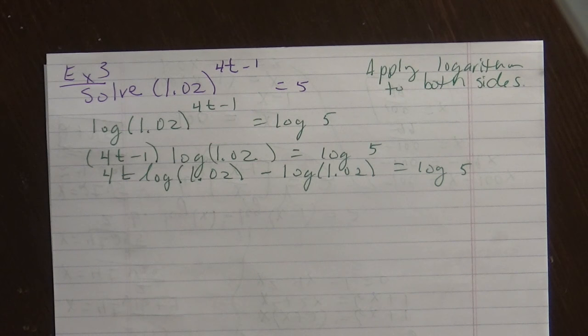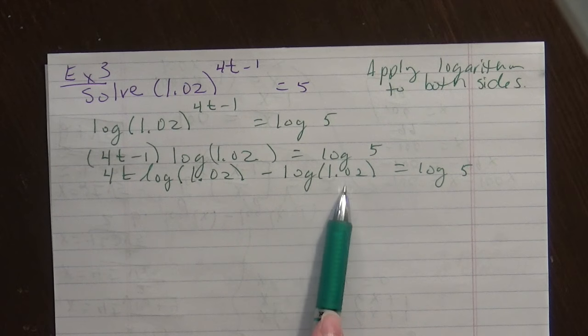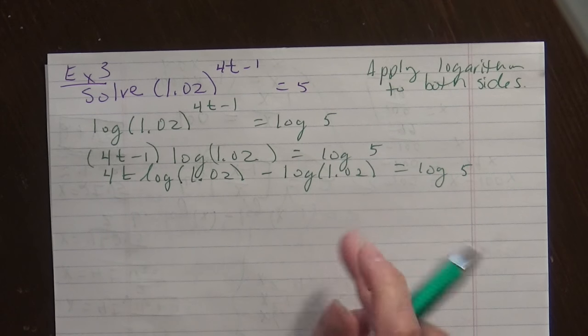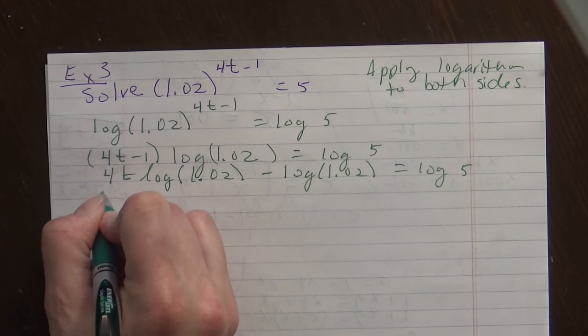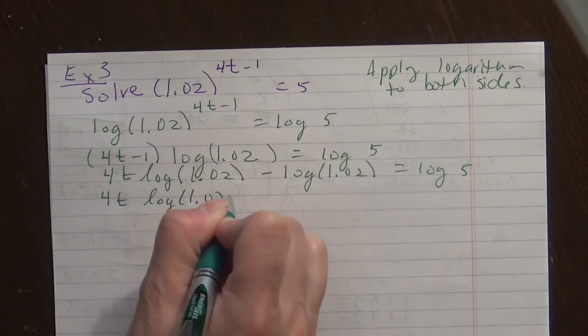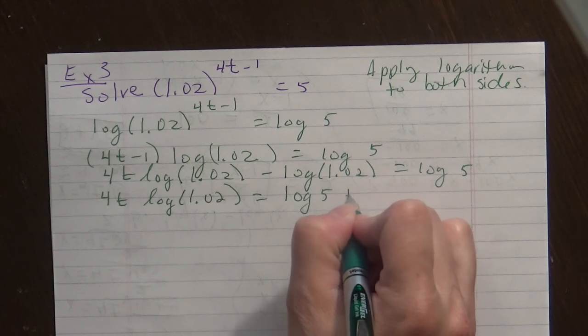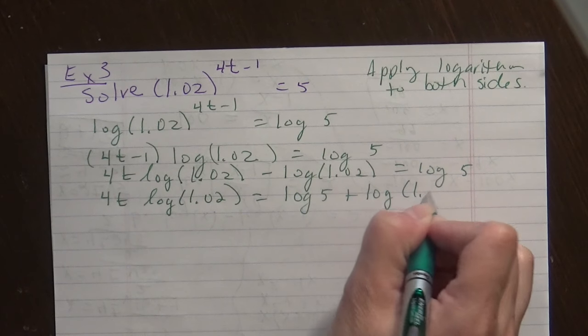Now, remember, I'm trying to get t by itself, so let's find any terms that don't have t. Maybe they need to be moved. This log of 1.02 does not have a t, so I'm going to add this to both sides just to get it out of the way. That'll give me 4t times the log of 1.02 equals log 5 plus the log of 1.02.